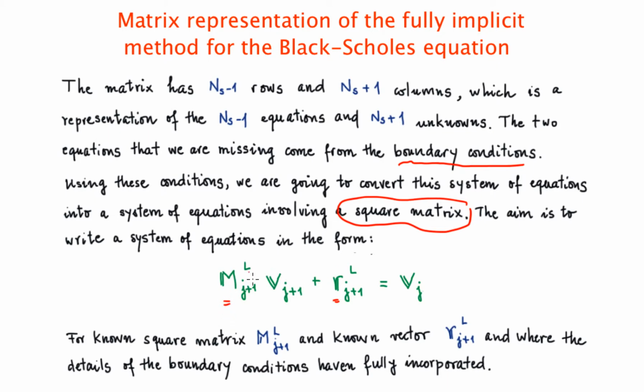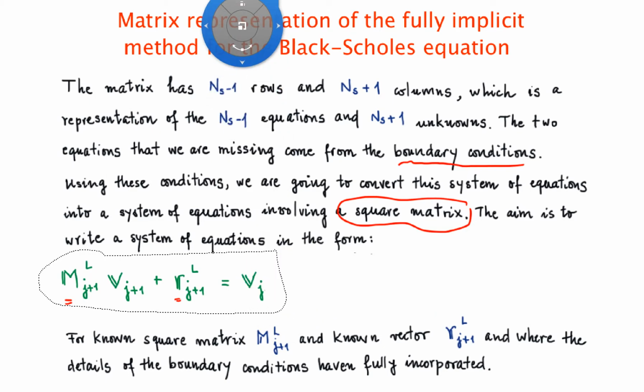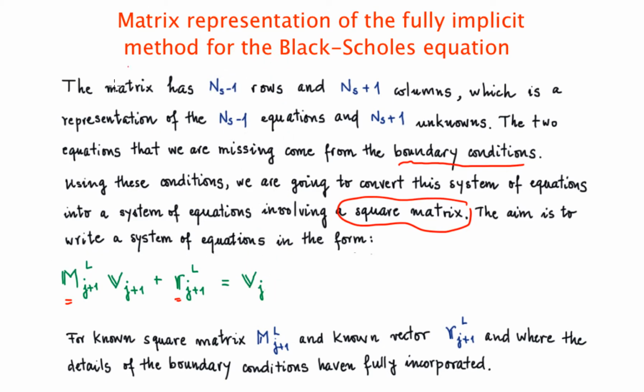Once we have that, it will be easy to do what we did for the implicit method in the diffusion equation. Basically, we need to bring this column vector to the right, and that's what we have: v evaluated at j minus r evaluated at j plus 1.